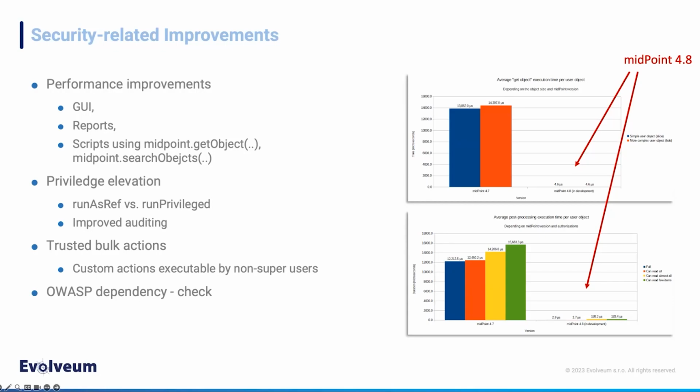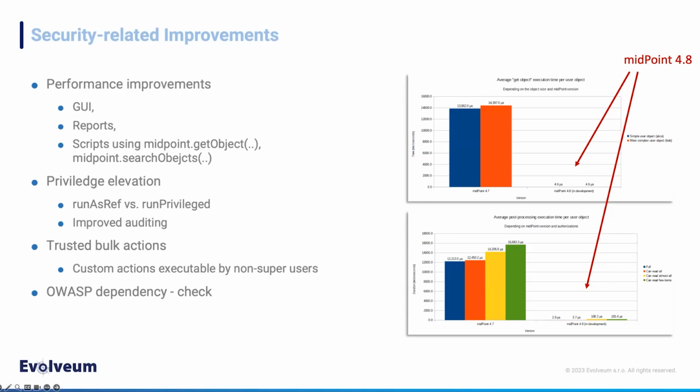In MidPoint 4.8, this was changed. To provide a safe option to perform such actions, support of determining the origin of the expression or bulk action, together with execution under the corresponding expression profile, was added. If you are interested in more details, please read the documentation and release notes related to the security improvements.